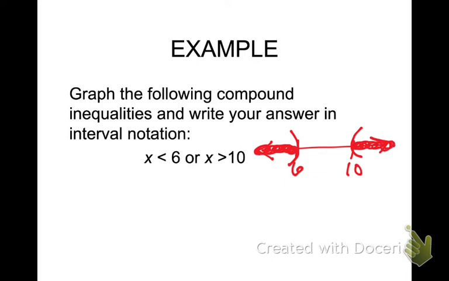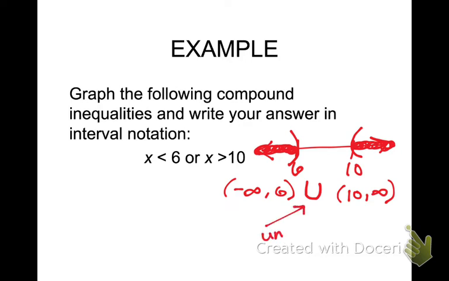So now we have to think, how do I put this in interval notation? Well, this would be negative infinity to 6 with a parenthesis. This would be 10 to positive infinity with parentheses all around. And then instead of writing the word or, like we did in our intro activity, we're going to use this U for union.